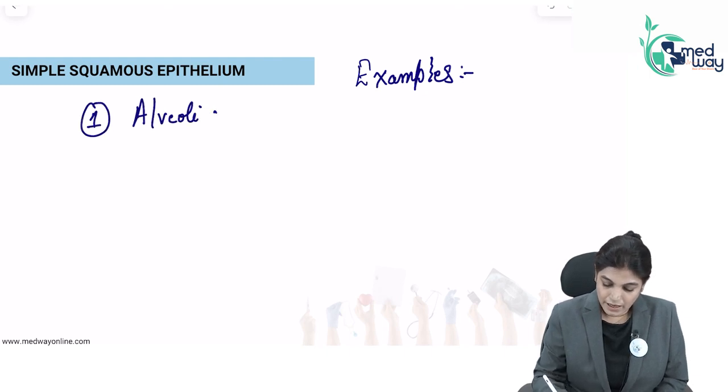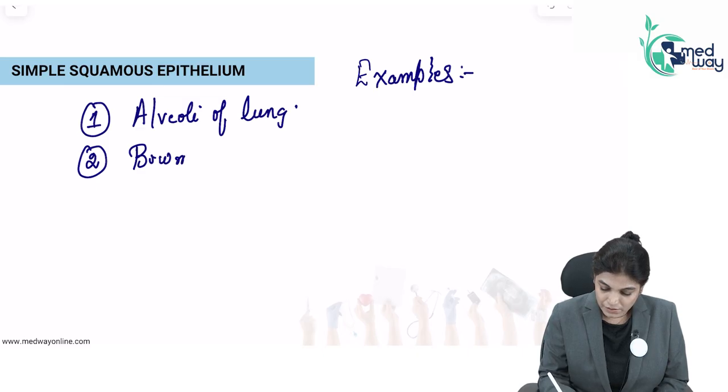the alveoli of the lung epithelium. It is present in part of Bowman's capsule and in parts of the loop of Henle.